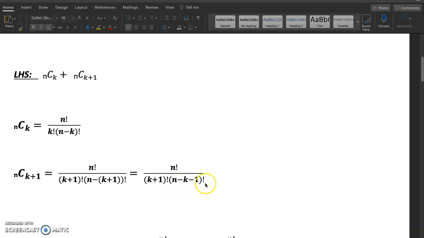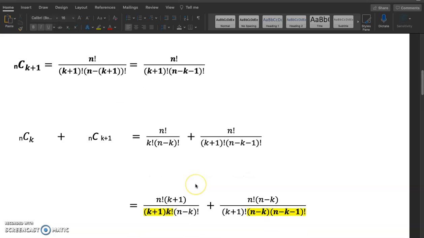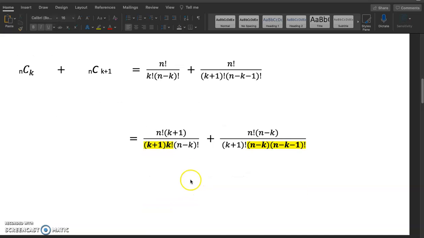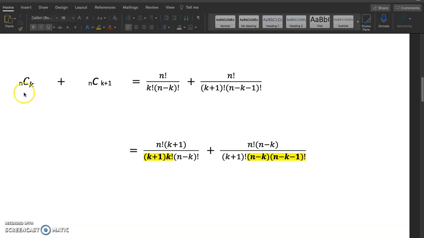Now we distribute the negative and we have n minus k minus 1 factorial. We put together the left-hand side of the equation and we have n choose k plus n choose k plus 1 equals n factorial over k factorial times n minus k factorial plus n factorial over k plus 1 factorial times n minus k minus 1 factorial.